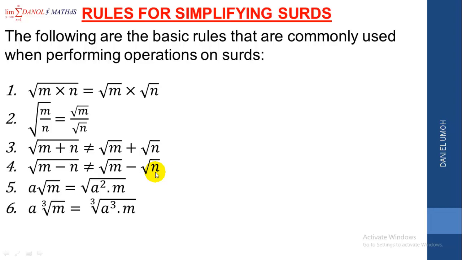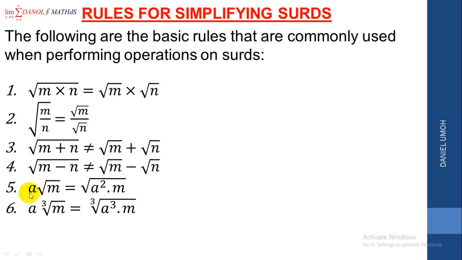Now, the fifth rule I want you to note, this rule is very important. a root m is equal to the square root of, when you push this a inside the root sign, it becomes a squared times m. Take note, a root m is equal to square root of a squared times m, because this was a square root. So when this a is pushed in here, it takes a raised to the power of 2, because originally a raised to the power of 2 gave us a.